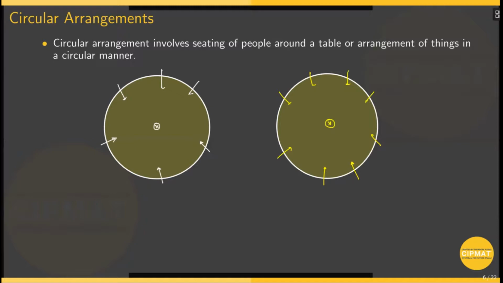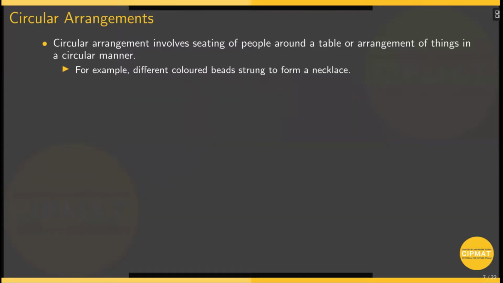So this is basically your circular arrangements. And this chapter does not deal with circular permutations. Circular permutations deal with the number of ways in which you can arrange certain people around a circular table. I hope that you remember those concepts as well.